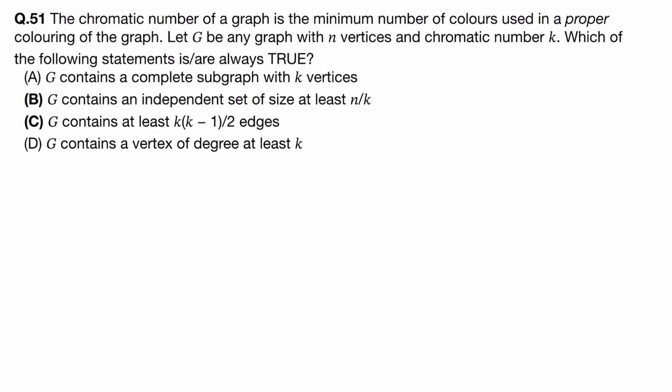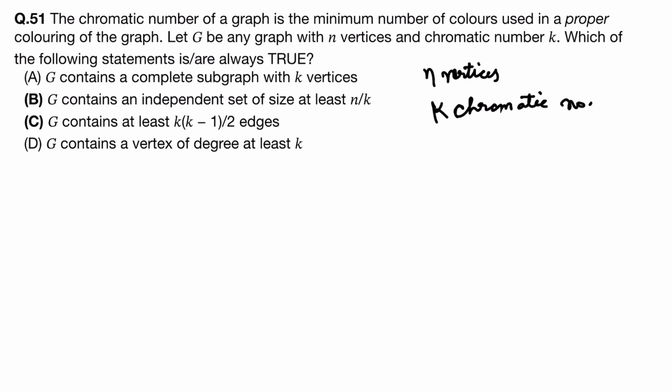So the first statement: n vertices and chromatic number k. We can take any condition here to make it false.